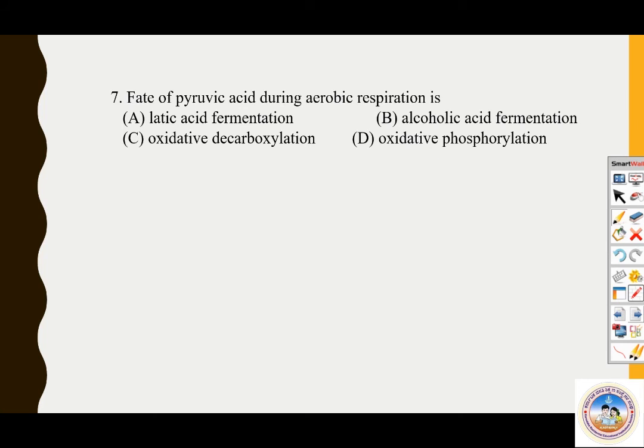Oxidative, definitely no. But oxidatively, there is decarboxylation, not phosphorylation, aerobically. Obviously, children, it is not phosphorylation. Instead of that, there is a decarboxylation. Am I clear to you? So, the seventh one. During your aerobic respiration, there is a removal of carbon dioxide. Am I clear to you? So what is the option for the seventh one? Obviously, it is your C.